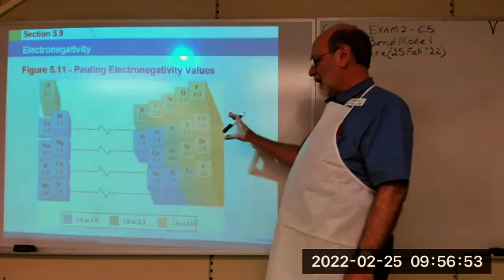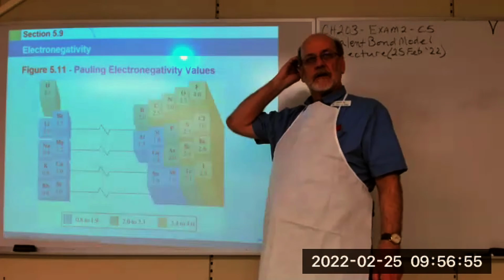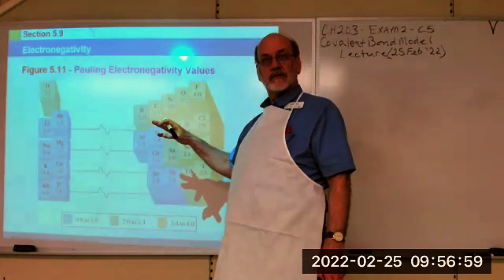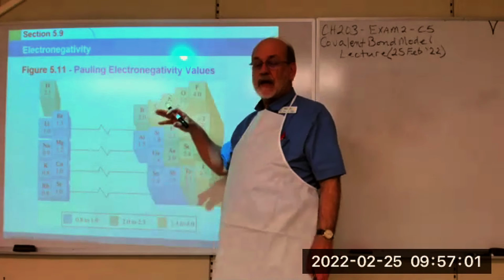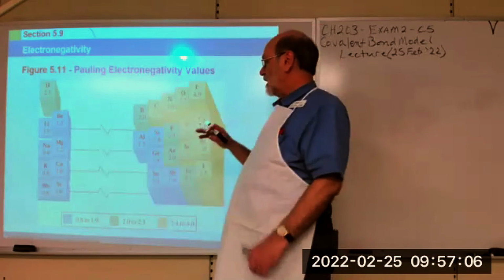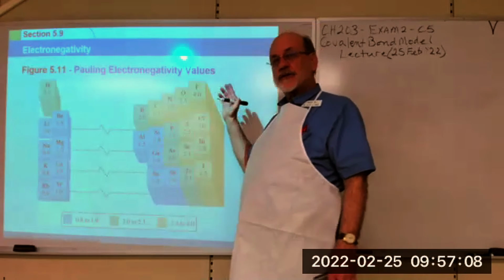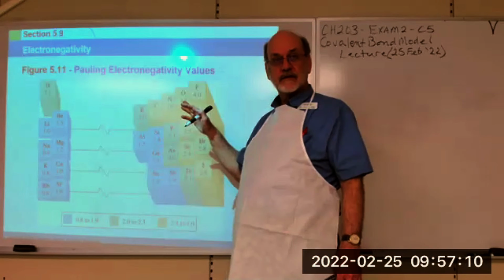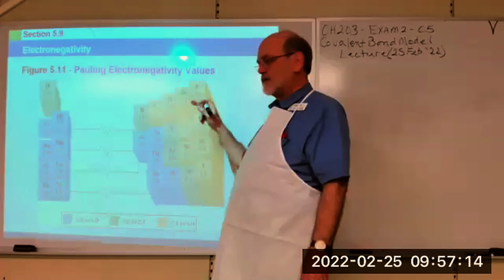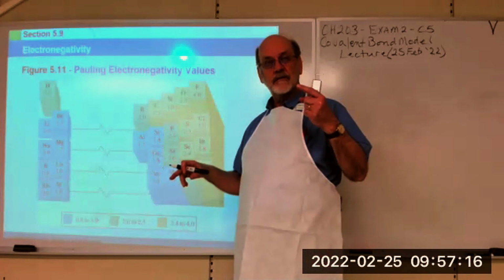So what's the practical application of that? Well, if you have a bond between two atoms, and you don't know whether it's ionic or covalent, you just say, what's the difference between their electronegativities? If they're very close together, it's going to be a covalent bond.